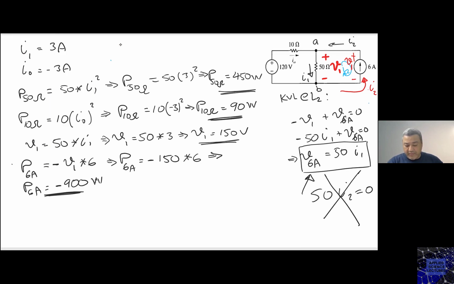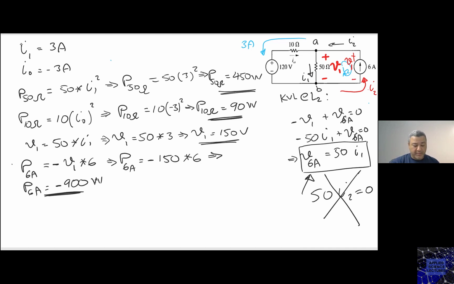I naught is minus 3 ampere, which means this one is a 3 ampere. Notice that this current, 3 ampere, is entering the positive terminal of this 120 volt, which means that this voltage source is absorbing power.